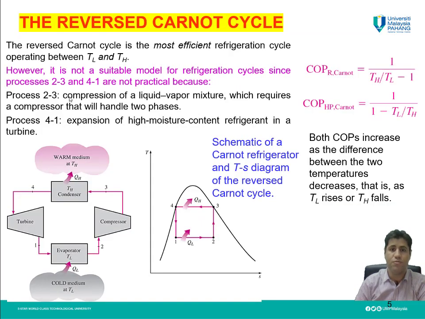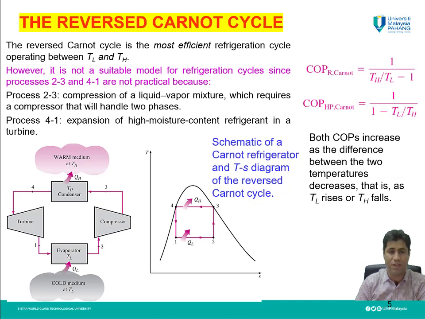Now, similar to what we have done for the heat engine, for a refrigerator or heat pump also, we are interested in finding the thermodynamic cycle. First of all, if you remember, we had the Carnot cycle as the idealized cycle for heat engines, and I told you that the highest possible efficiency for a heat engine is when we have the Carnot cycle.